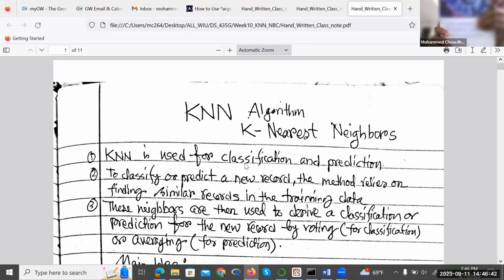Or you can read this book, which I already uploaded online.